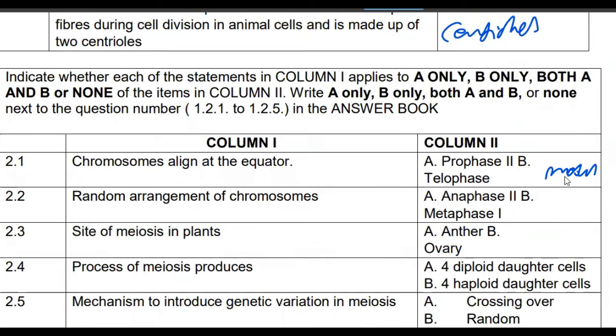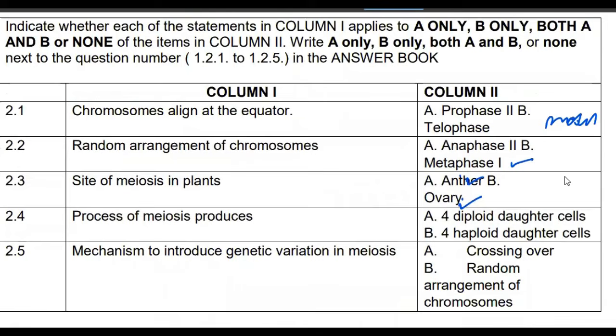Random arrangement of chromosomes, it must be metaphase, so it's A, B only. The site of meiosis in plants: anthers, which is male, and ovary, which is female. Meiosis results in 4 haploid daughter cells, not 4 diploid, so this one becomes wrong.